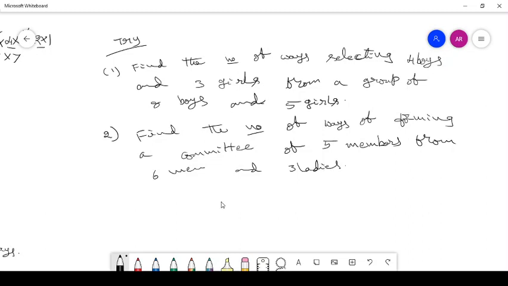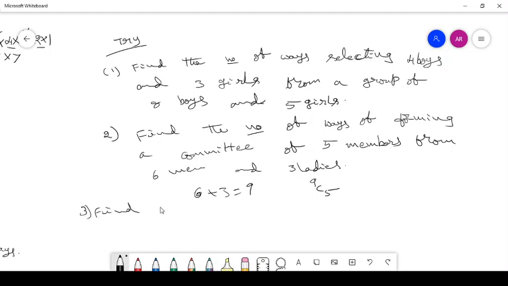Here n is 6 men plus 3 ladies, which is totally 9 members. We have to form a committee of 5 members. So this is nothing but 9C5, and the answer is 9C5. Next, third one.